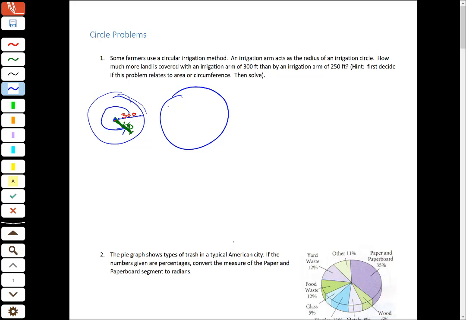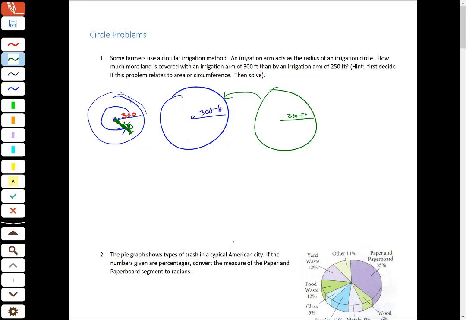A circle that looks like this, and the radius is 300 feet. And then you have another circle that's slightly smaller, and this is 250 feet. And you're kind of like, how much more square footage do I cover in this bigger circle, right?